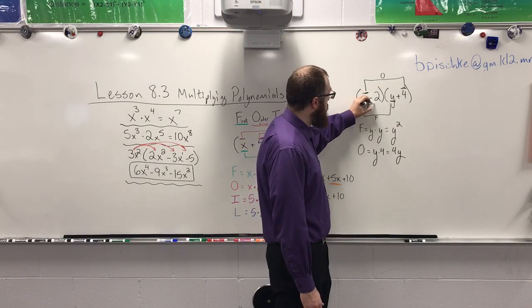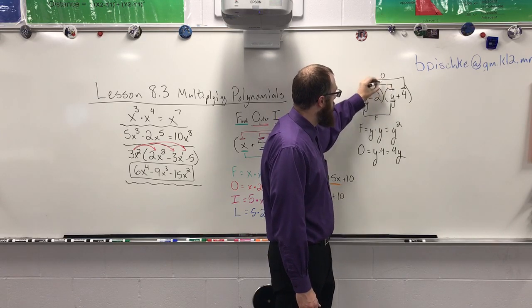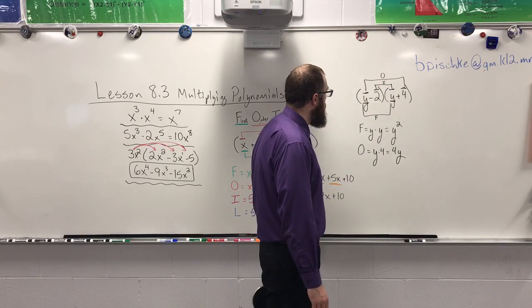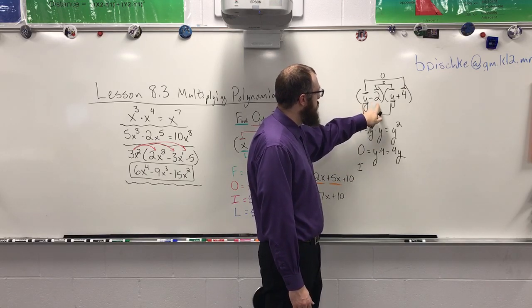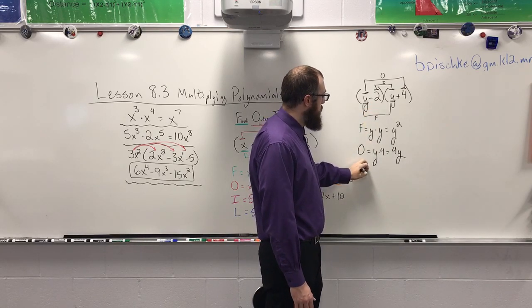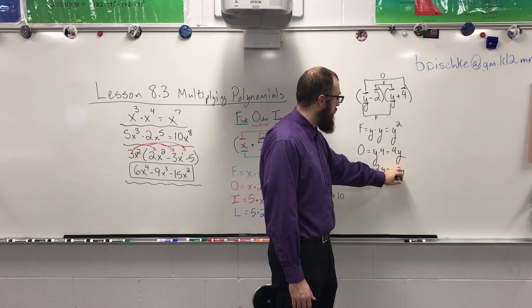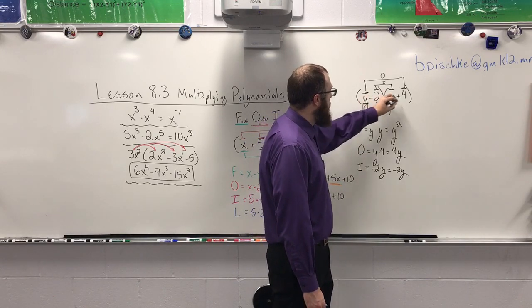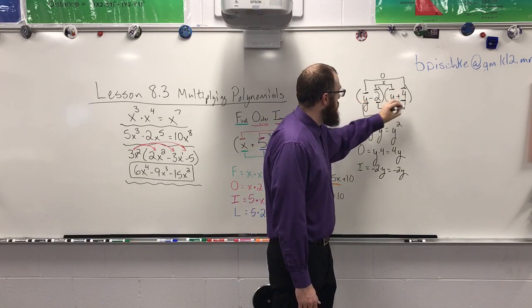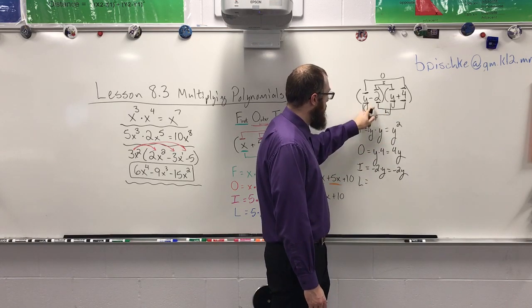My inners. Now you'll notice on my inners the 2 here is negative. So that's negative 2 times y, which is negative 2y. And then my lasts, again, the 2 here is negative.